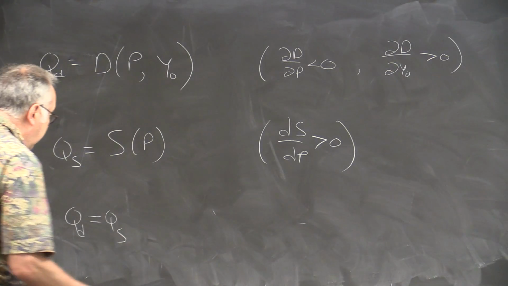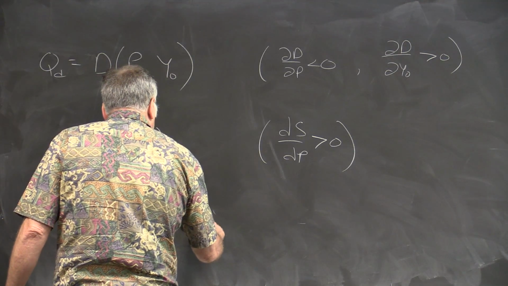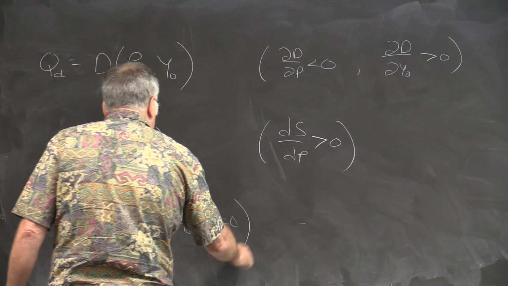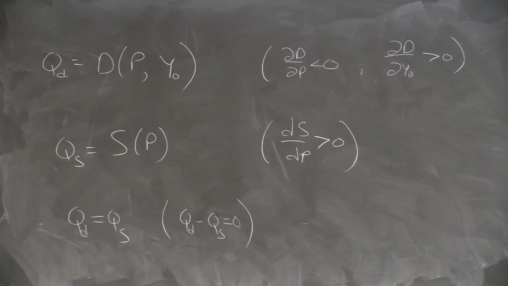Or alternatively, it's QD minus QS equals 0. The equilibrium conditions can always be written this way, in equals 0 form. So can the first order conditions in an optimization problem. So we can rewrite the equilibrium condition this way.